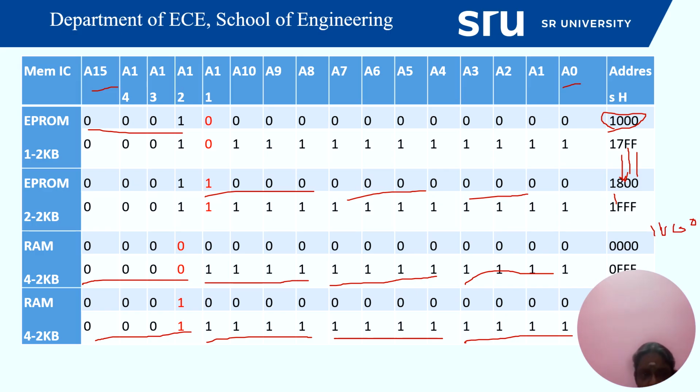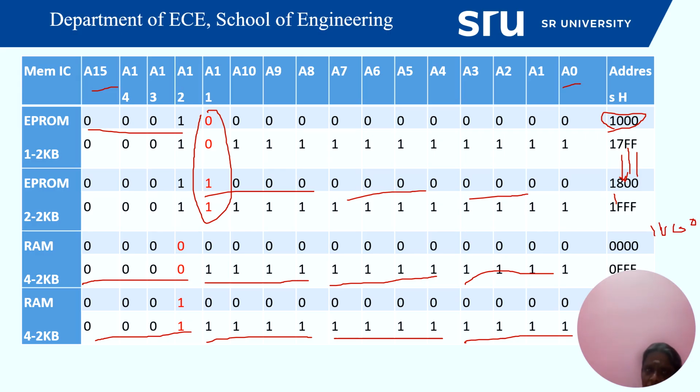Now consider this: for EEPROM, 11 lines are used, 11 means 0 to 10, so these will not be used because they are the same. Consider this one, it is 0, it is 1. So chip select 0 is taken for EEPROM 1, and chip select 1 is taken for EEPROM 2.